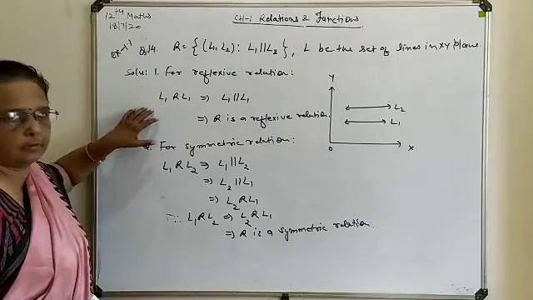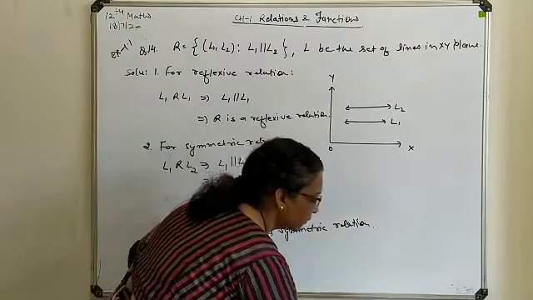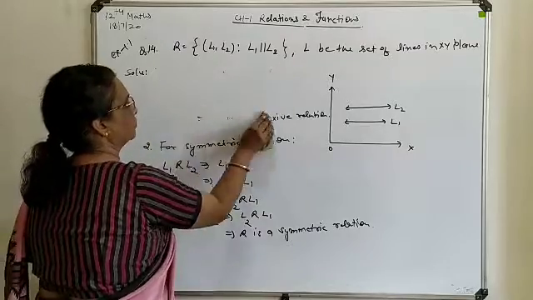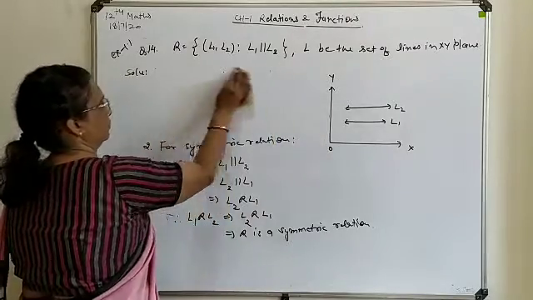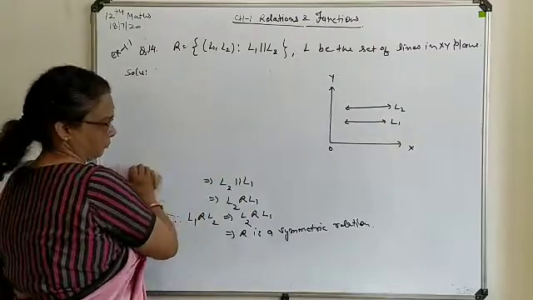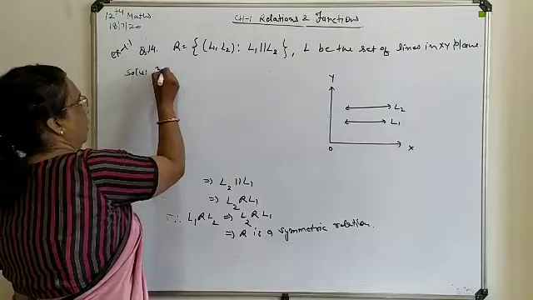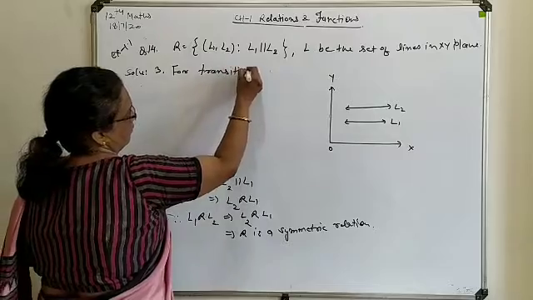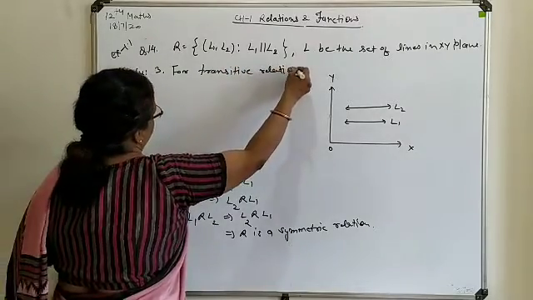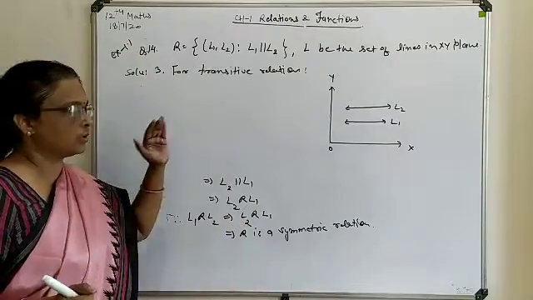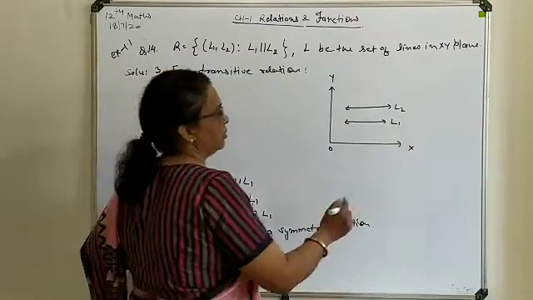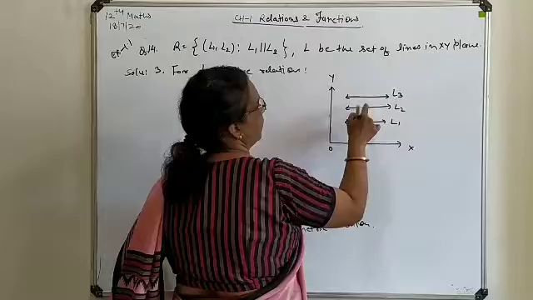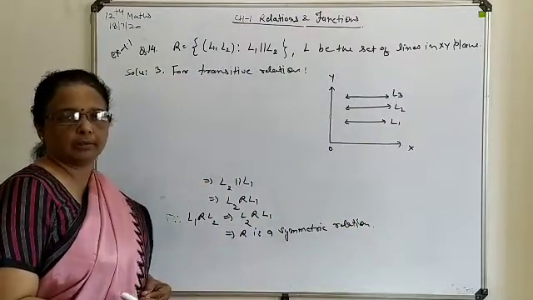Now for the last one, the third, transitive. For the existence of a transitive relation, you have to suppose one more line which is parallel to L2. So here one more line we sketch, L3, in such a way that these are again in a parallel combination.